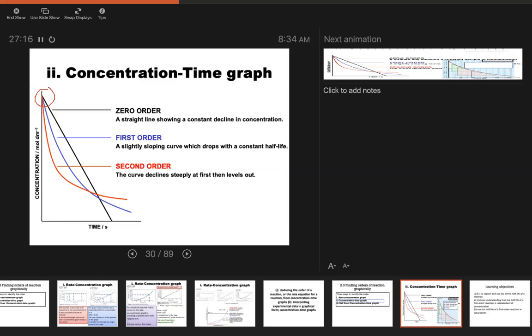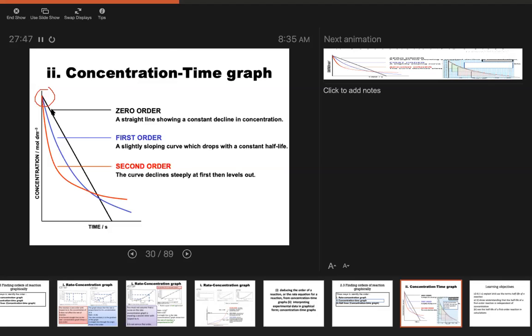Anyone? Gradient. Gradient, that's right. Thank you. So to find the rate of reaction, I can find the gradient. So look at zero order. The gradient at different concentrations is the same. So that means even if I decrease the concentration, my rate will be the same.